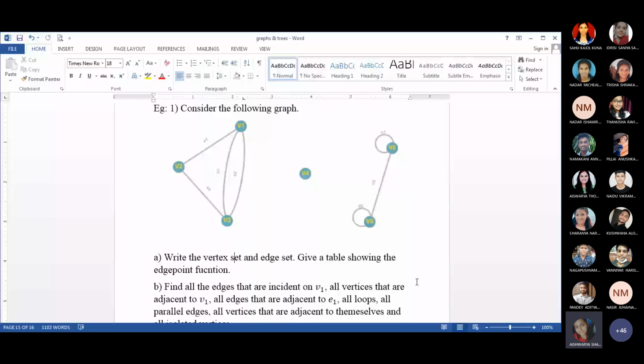E2 and E4. तो E3 भी होगा ना? Yeah, E3 भी होगा. So E2, E3 and E4. Is this clear? Yes, sir. Okay, all loops.